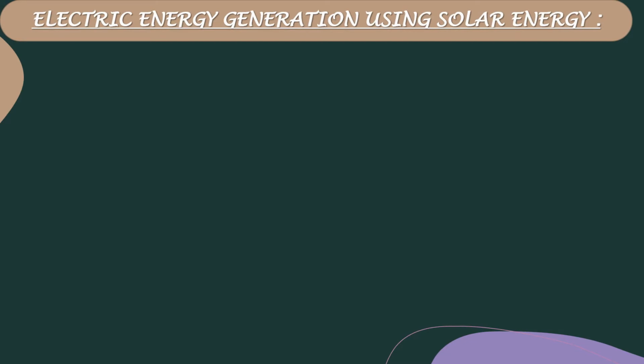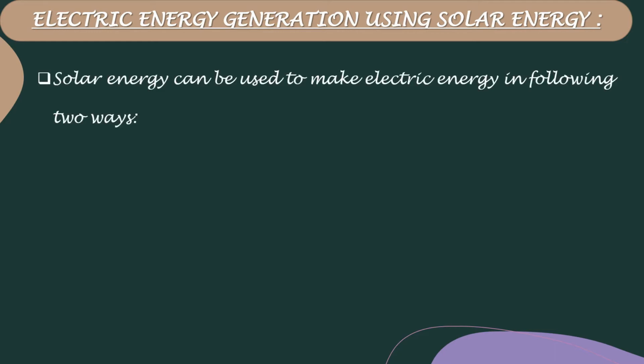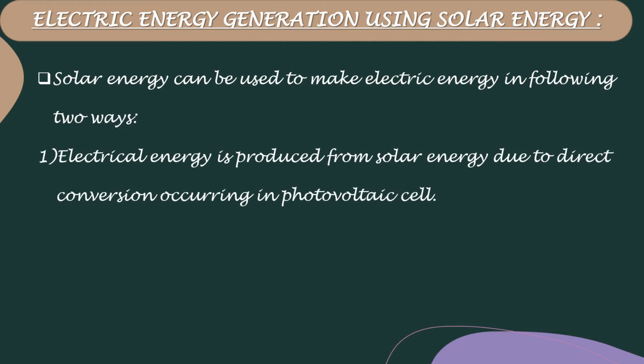Now let's learn about electric energy generation using solar energy. Students, solar energy can be used to make electric energy in the following two ways. First, using radiations from the sunlight without using a transformer, it is trapped directly into solar photovoltaic cells, and electrical energy is produced due to direct conversion occurring in photovoltaic cells.